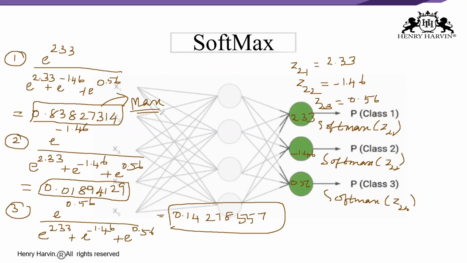If you change the input, whatever output it corresponds to, accordingly we will be getting the maximum probability.